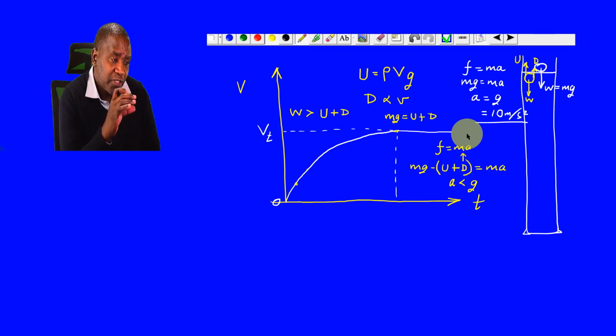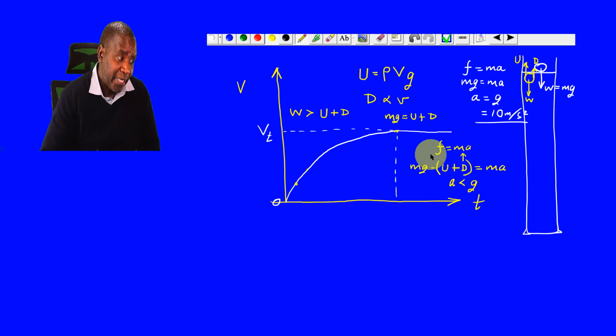If you change the viscosity of that liquid, maybe you put in a less viscous liquid, what kind of graph are you going to get? You're definitely going to get a much lower terminal velocity, and the object will reach that terminal velocity much earlier.